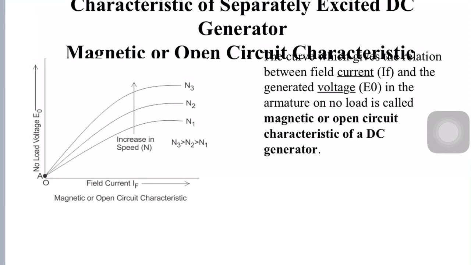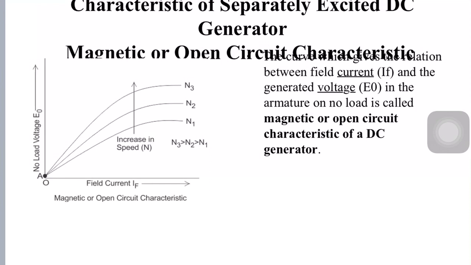It is also known as the magnetic characteristics or no load saturation curve. And one more thing is, its shape is practically the same for all generators, whether it is separately excited or self excited.